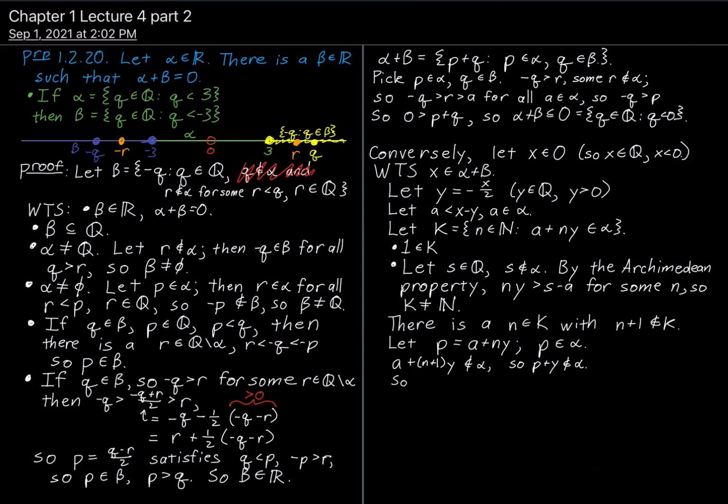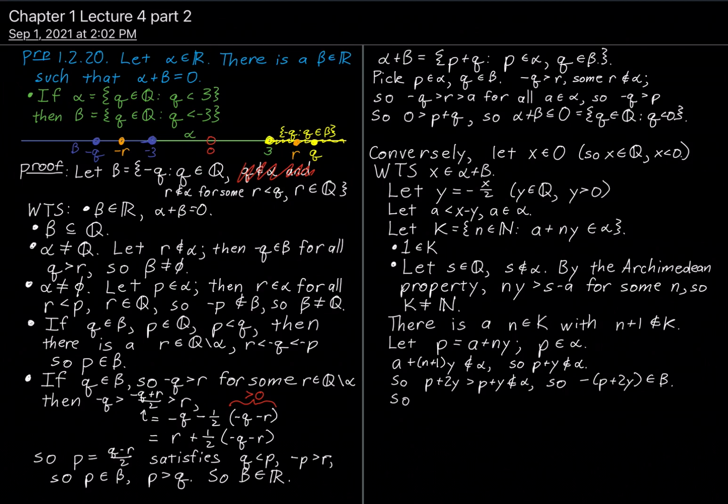Now p plus 2y is greater than p plus y, our thing that's not in alpha, and everything inside it is rational. a is an element of alpha, so it's rational. y is half of negative x, so it's rational. p is a rational plus an integer times a rational, so negative p plus 2y is in beta.